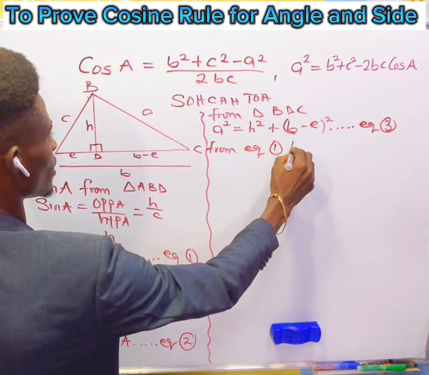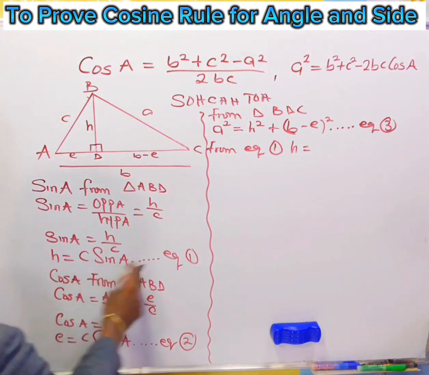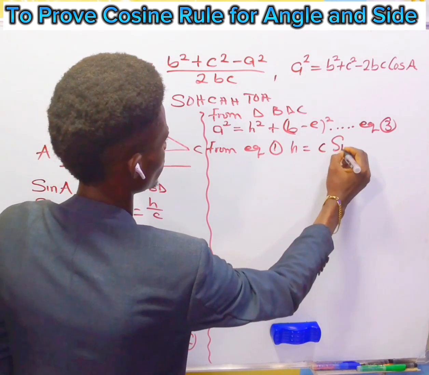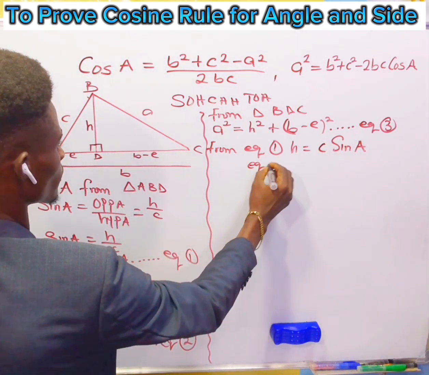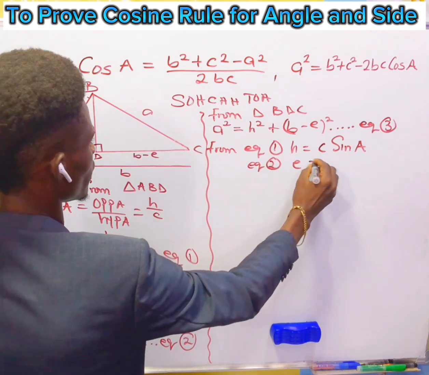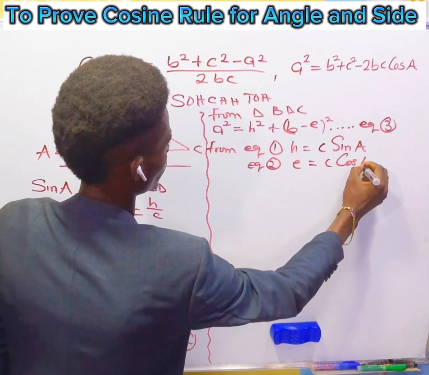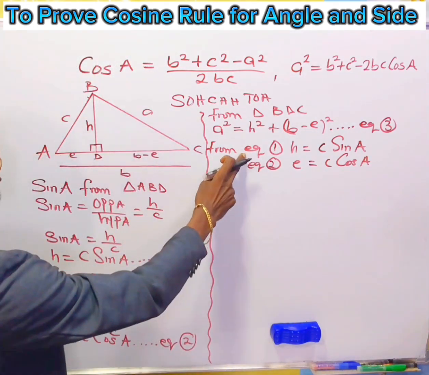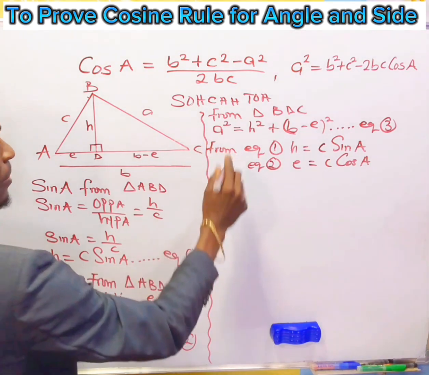But recall that from equation 1, h is equal to c sine A, and also from equation 2, e is equal to c cos A. So let's substitute equation 1 and equation 2 into equation 3.